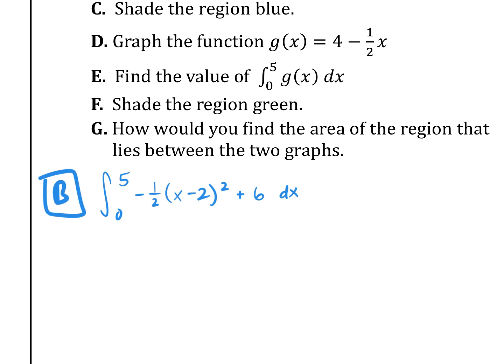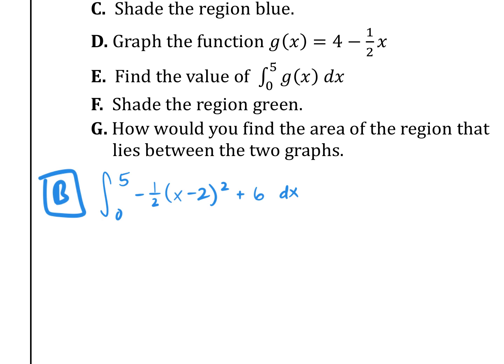We could either FOIL this out first, simplify it, and then integrate, or we could technically let this thing on the inside be my u value, right? And then if this is my u value, if I take the derivative of the inside there, what am I going to get? 1, right? So I'm just going to go ahead and integrate this without FOILing it out, okay?